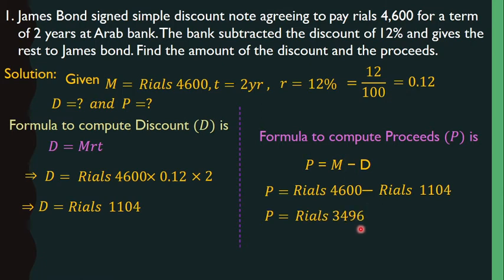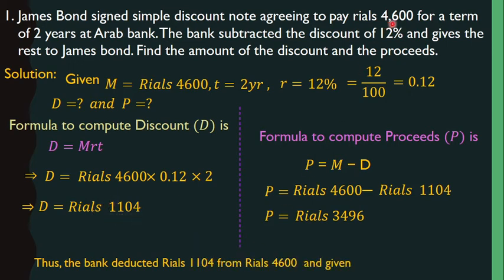This is the proceeds, this is the amount which James Bond has received. Thus the bank deducted 1,104 riyals from 4,600 riyals and gave 3,496 riyals to James Bond. Let me see one more example.